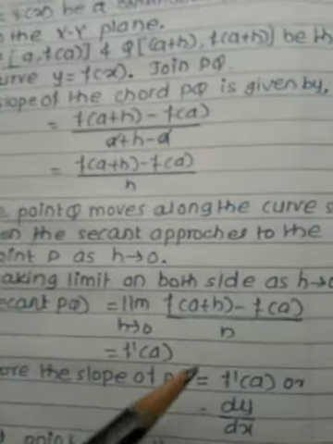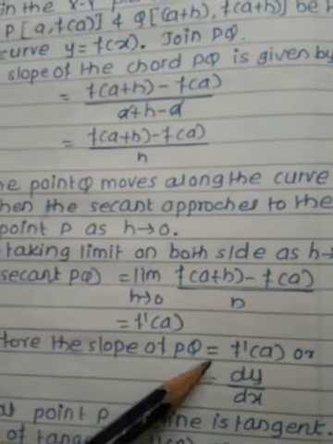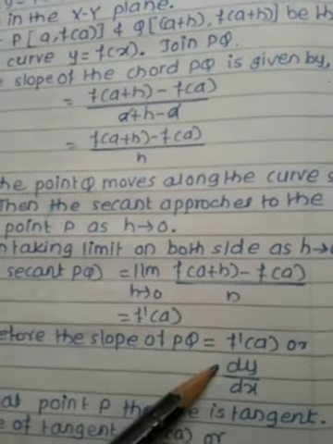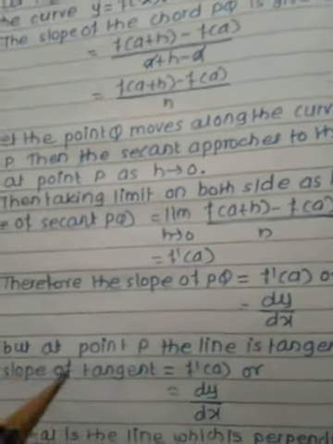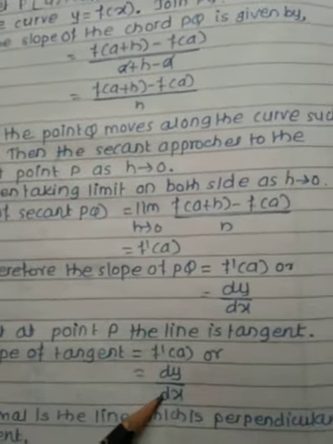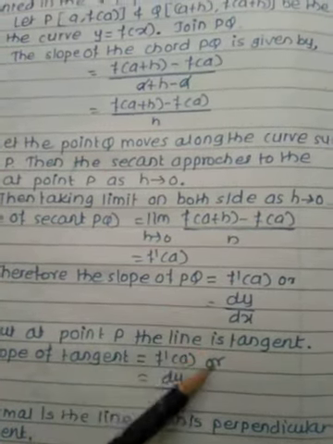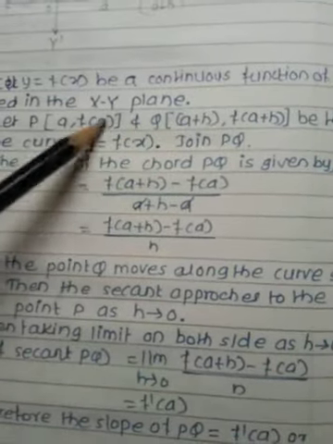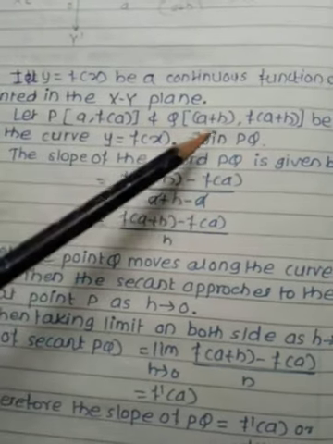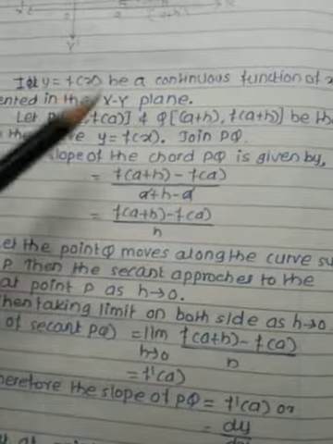So the slope of the tangent is nothing but the derivative of the original function f of x at point a, that is dy by dx, and we can use this slope with the given coordinates.